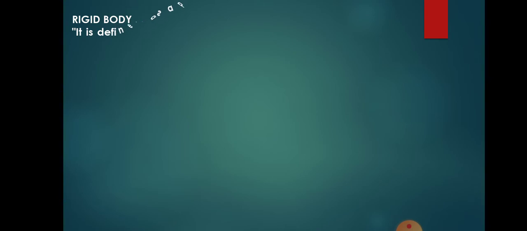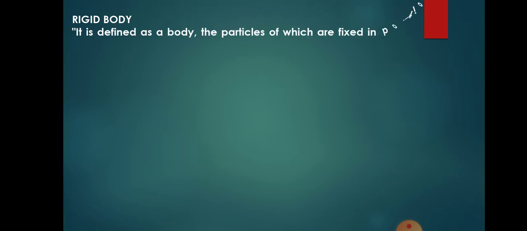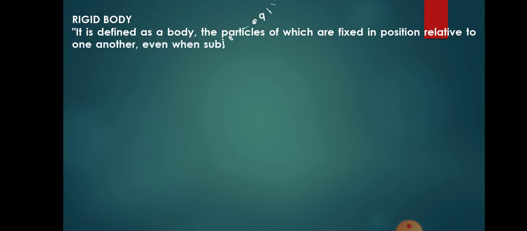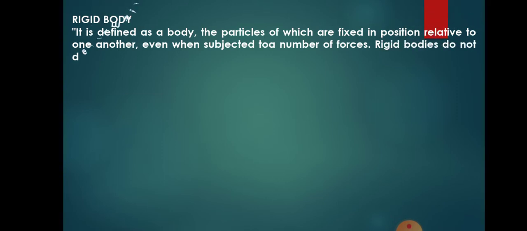Next we will see what is a rigid body. Rigid body means it does not move. The particles of a rigid body do not move after applying a force. It does not change its shape. That is nothing but the rigid body. Actually the rigid body doesn't exist in the world, but it is an assumption. We should assume that rigid bodies exist.